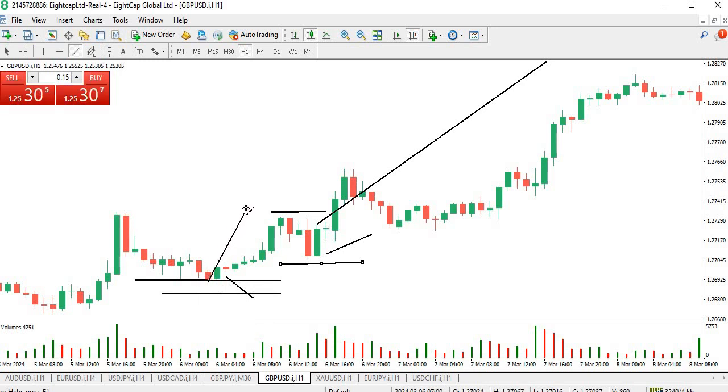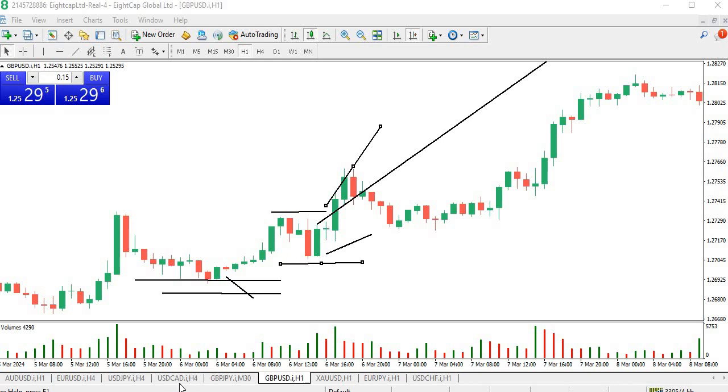Let's say it took the market 50 pips to form this pattern. We should have targeted the same amount of pips, and you can see the market would have easily achieved this target. This was the first example.